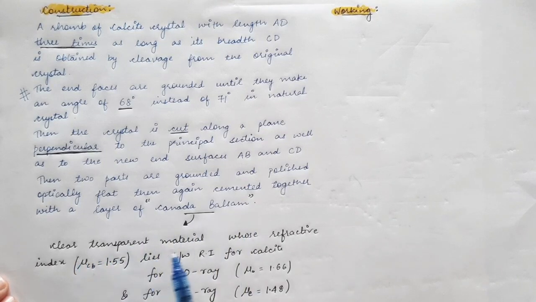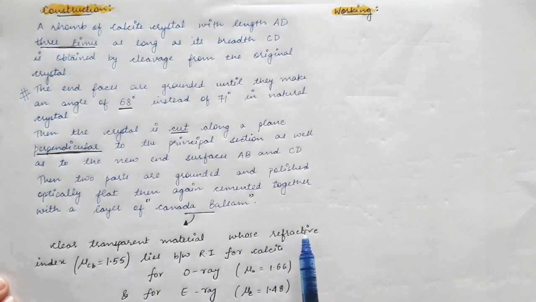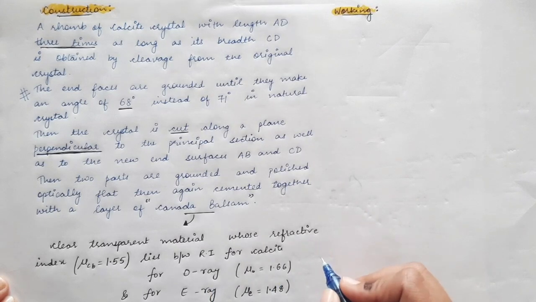Canada balsam is a clear transparent material whose refractive index is equal to 1.55, and it lies between the refractive indices for calcite for the O ray and E ray. For the ordinary ray inside the calcite, the refractive index is 1.66, and for the extraordinary ray it is 1.48. As I already said, calcite is a birefringent material, so its refractive index depends upon the polarization state.